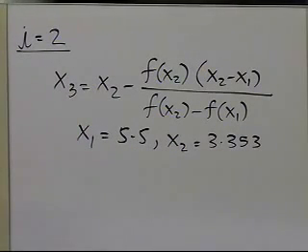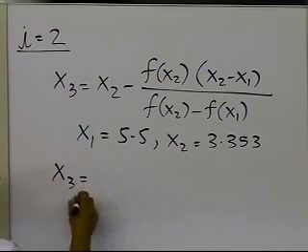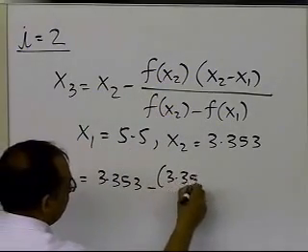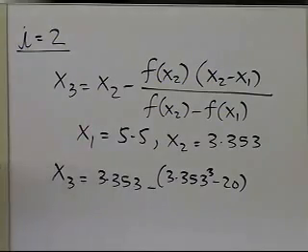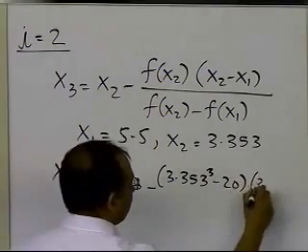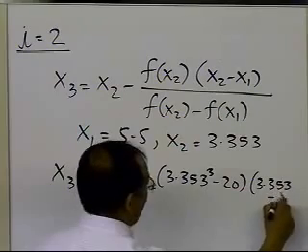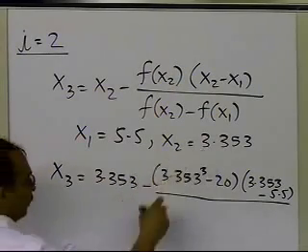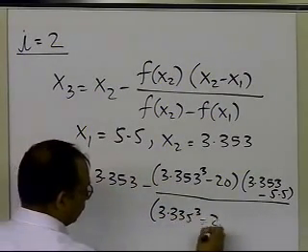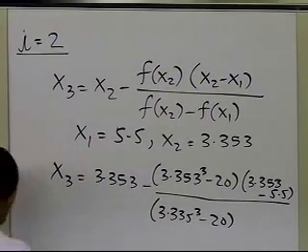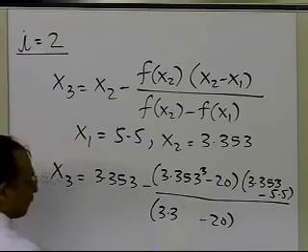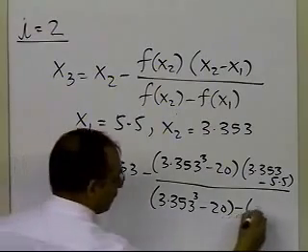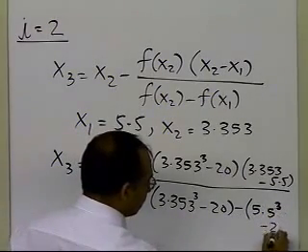So all we have to do is plug those numbers into the formula. x3 will be equal to x2, which is 3.353, minus the value of the function at x2, which is 3.353 cubed minus 20, because my function is x cubed minus 20, times x2 minus x1, which is 3.353 minus 5.5, divided by the value of the function at x2, which is 3.353 cubed minus 20, minus the value of the function at x1, which is 5.5 cubed minus 20.